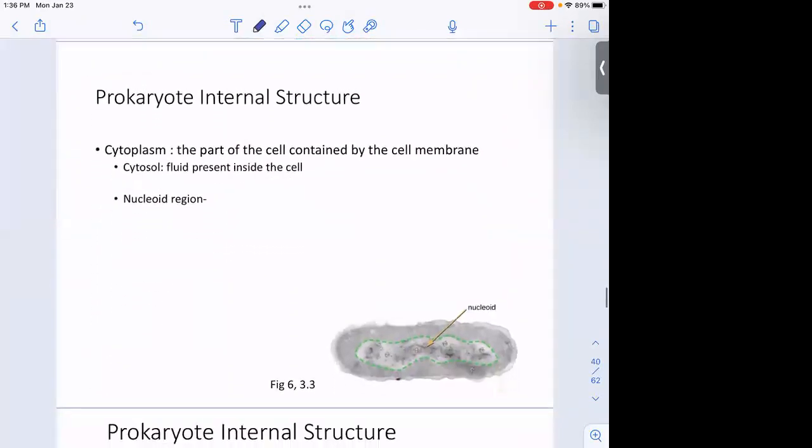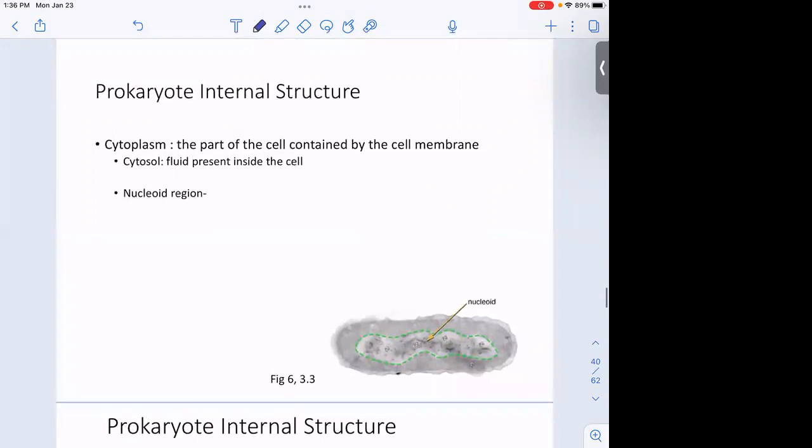Okay, so internal structures. The cytoplasm and the cytosol are two terms that you would probably think are fairly interchangeable, and a lot of times they are. If you use those terms absolutely correctly, the cytoplasm refers to anything basically enclosed by the cell membrane.